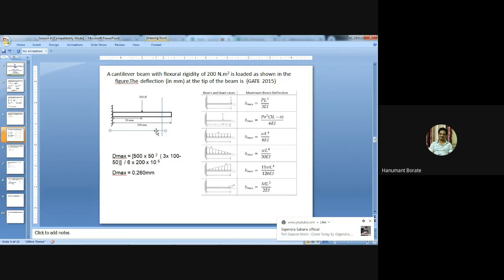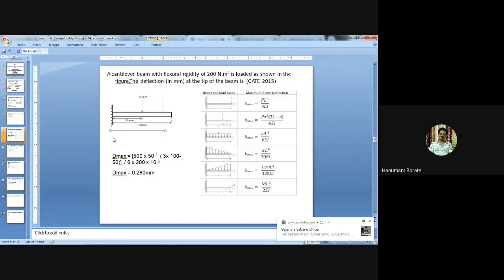At that time we can say x equals 0, y equals 0. Means at this support there is no deflection, because the purpose of the support is to avoid deflection. And the second boundary condition, x equals 0, dy by dx is also 0, because the beam is going to bend like this, and at this fixed support the slope is also 0.